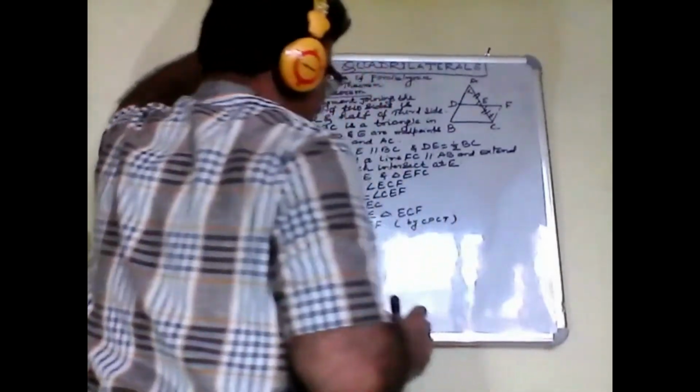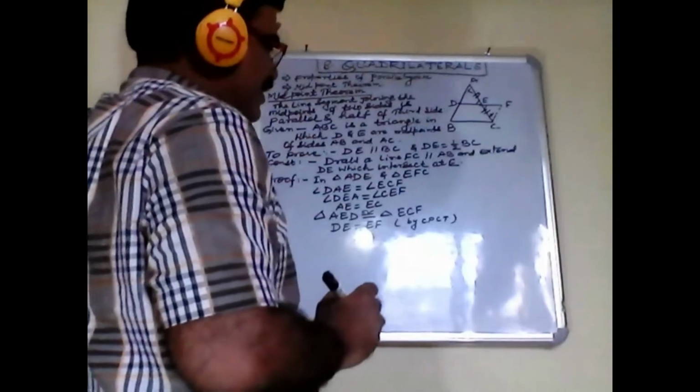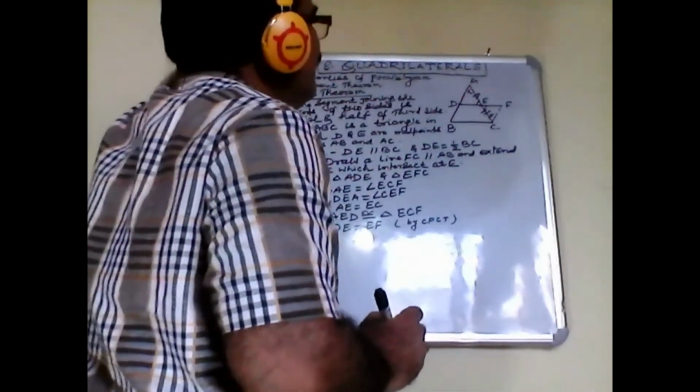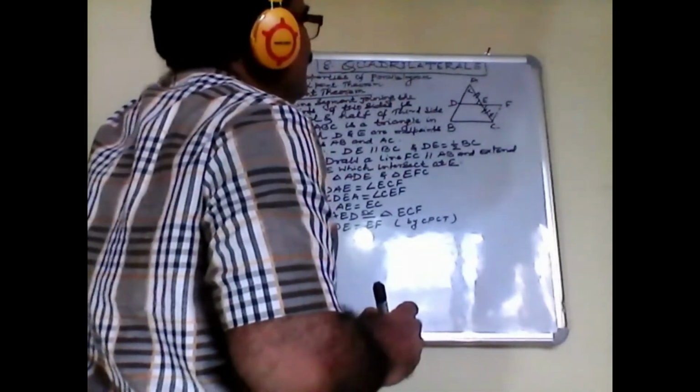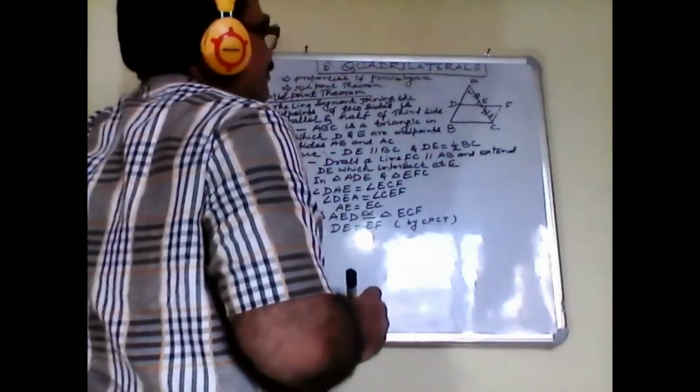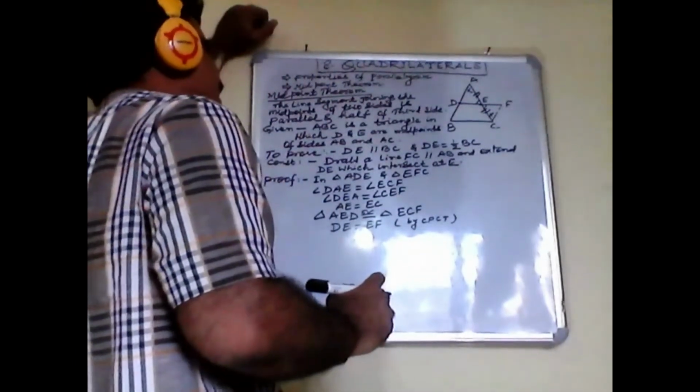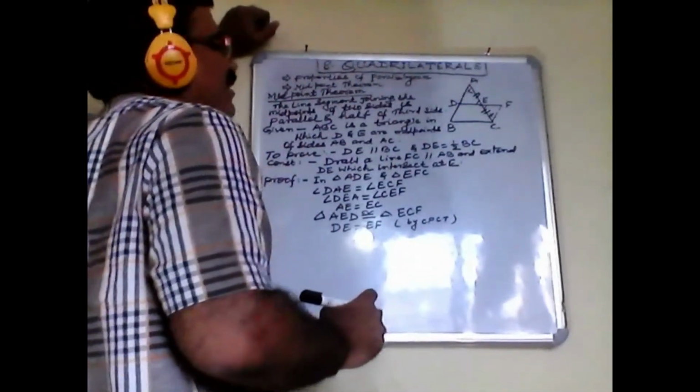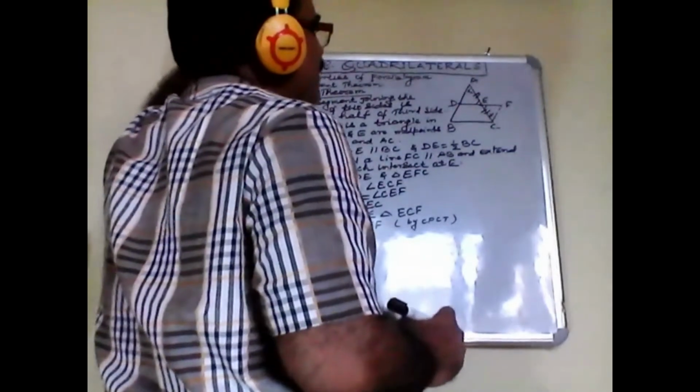These are congruent parts of congruent triangles, and we can also prove that these lines FC and AB are parallel to each other by the construction.